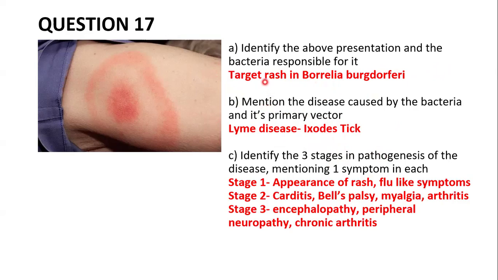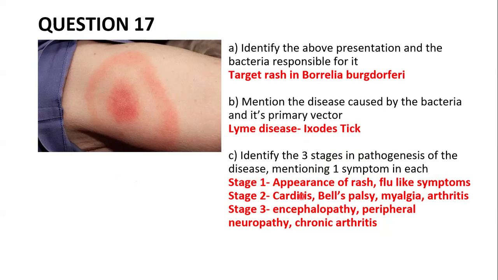Stage 1, it was localized, okay? So appearance of this rash, and then you're going to have flu-like symptoms. So flu-like symptoms are things like cough, blocked nose, malaise, headaches, runny nose, okay? Things like that.